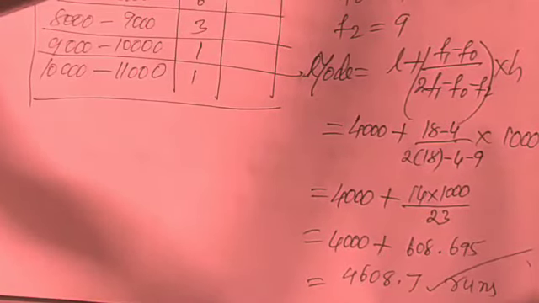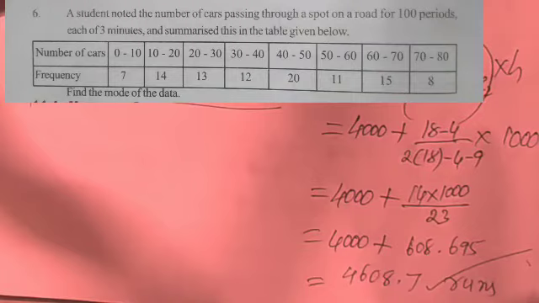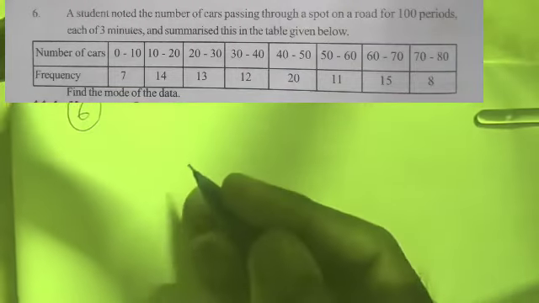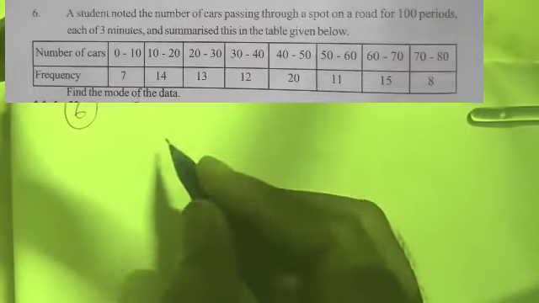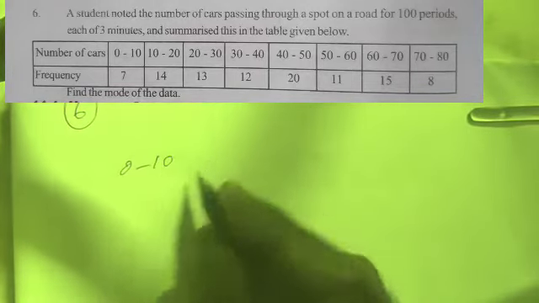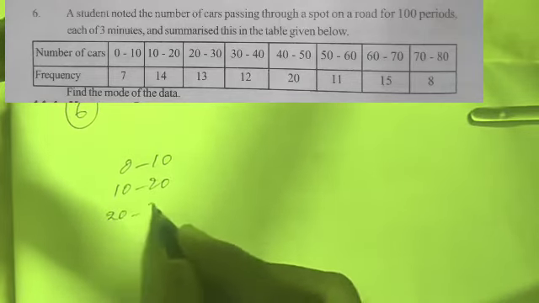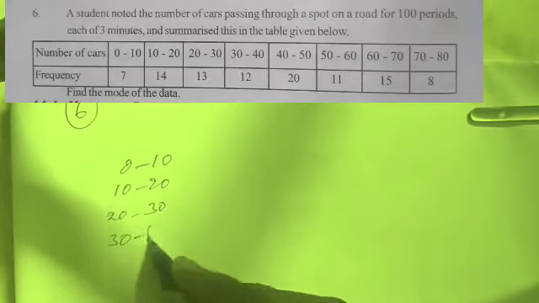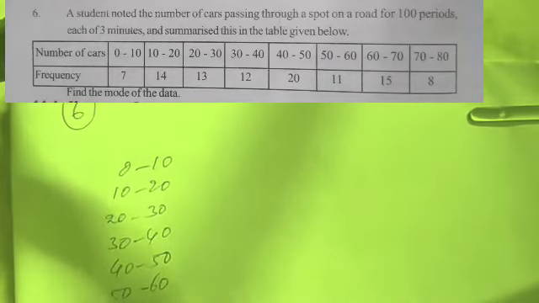Next we go to another and the last problem. This is about the number of cars and frequency. See the problem in the given table. I take the class interval as the number of cars, and frequency: 0 to 10, 10 to 20, 20 to 30, 30 to 40, 40 to 50, 50 to 60, 60 to 70, 70 to 80.